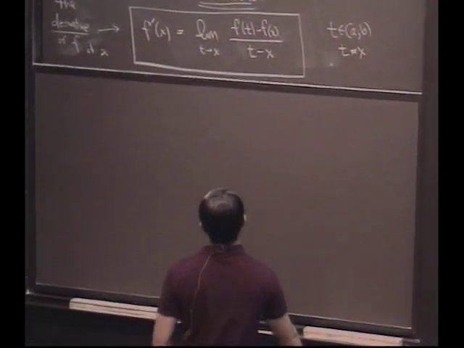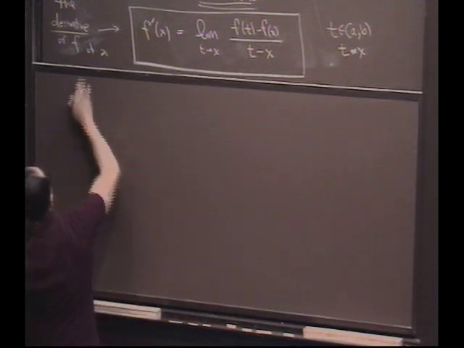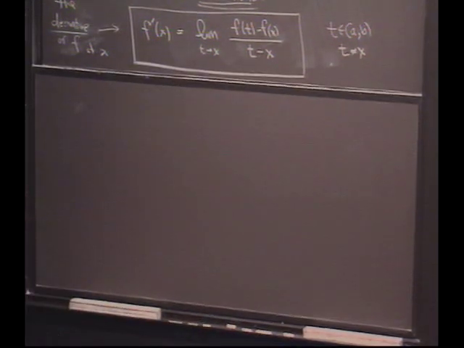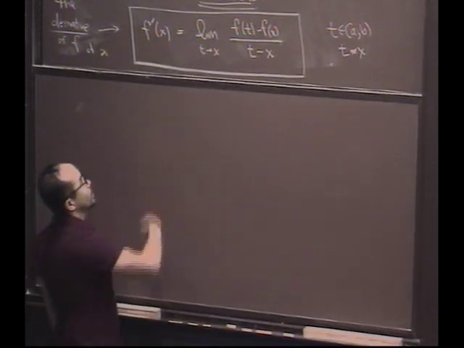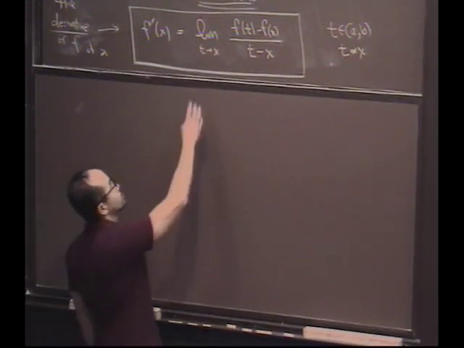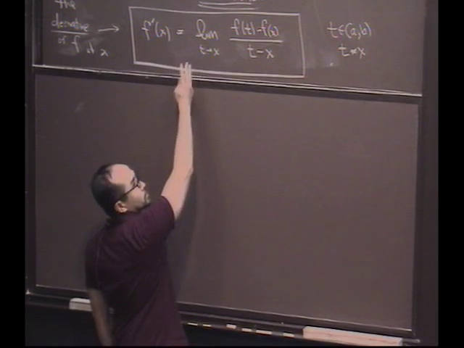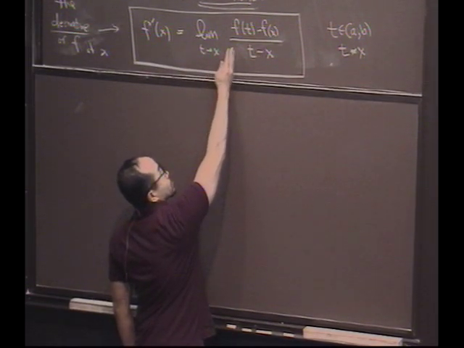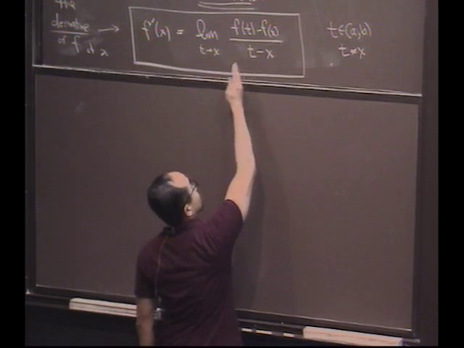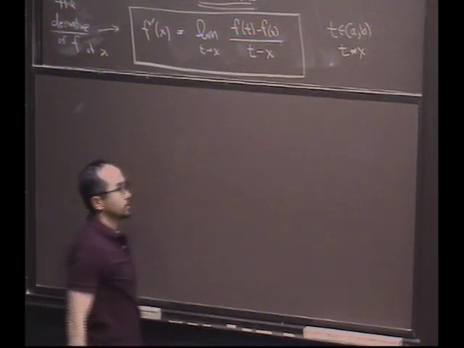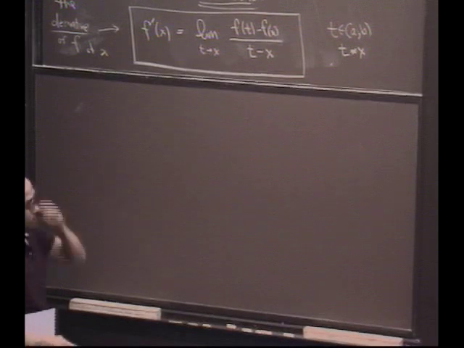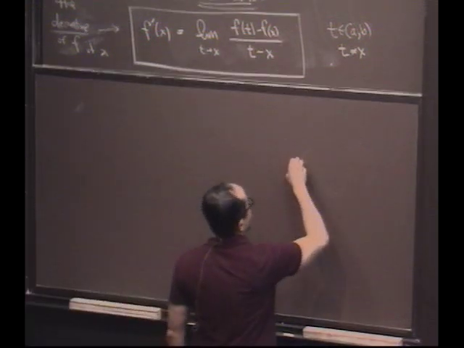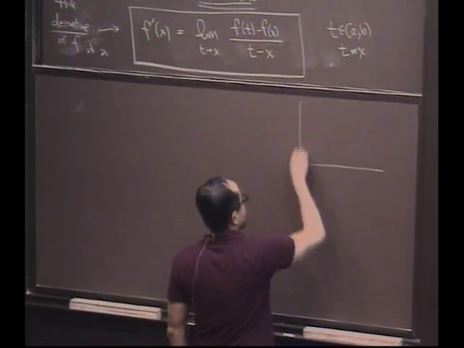Now, I know everybody has seen this definition before, although often in other textbooks the limit is rewritten in a slightly different way. Sometimes you say the limit as h goes to 0 of f of x plus h minus f of x, over h. The picture that you might have in your mind is something like the following.